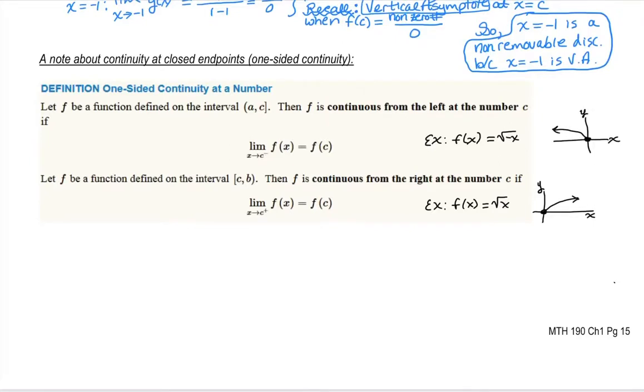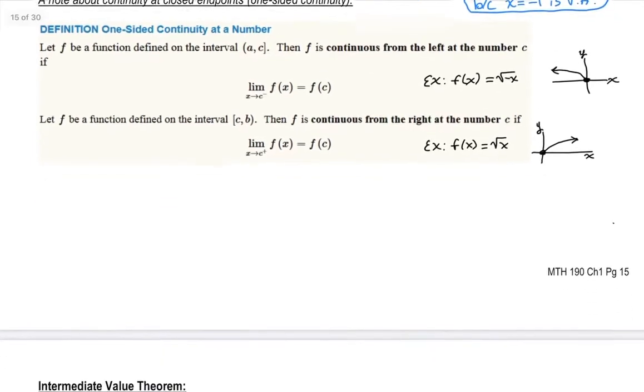Again, as long as the left limit exists and equals f of c, we would say we have one-sided continuity here. So it's just a way to define continuity coming from one side, and it makes more sense with what we would say almost intuitively. I don't know if that comes up at all in the homework, but it's important to note.